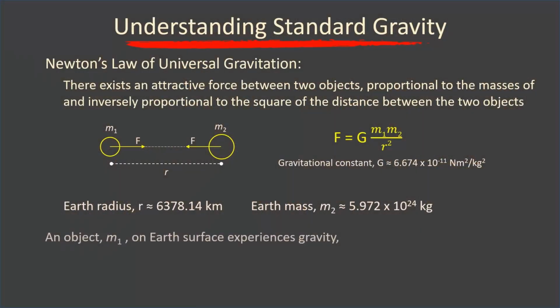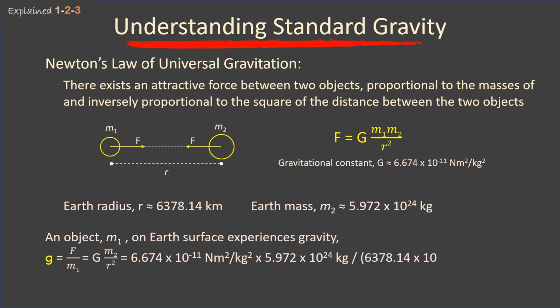Then, for that m1 object, using F equals ma, we have the acceleration due to gravity g equals F divided by m1, which, according to the universal gravitation formula, equals capital G times m2 over the square of r, or Earth mass over the square of Earth radius. Plug those numbers in, and we get approximately 9.80 meters per second squared. That is how we have the standard gravity g at 9.80.